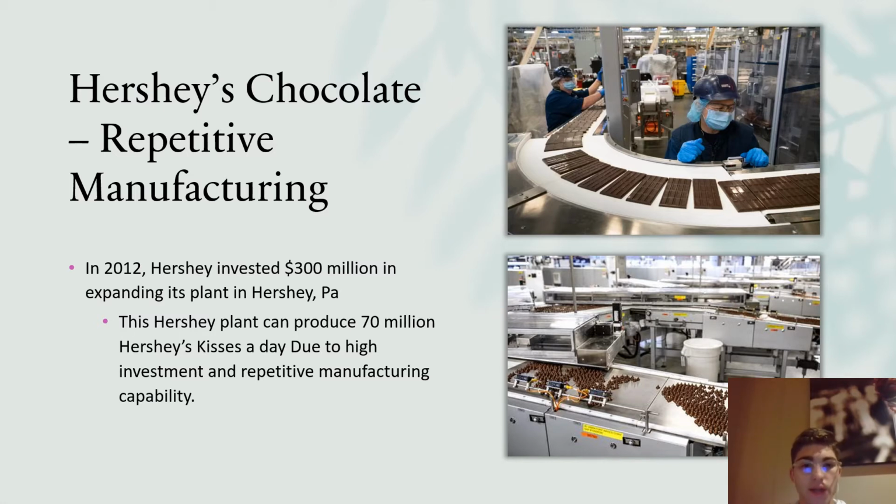It shows high investment rates, which are common in repetitive manufacturing. They invested $30 million in 2012, expanding their plant in Hershey, PA. The Hershey plant can produce 70 million Hershey Kisses a day due to high investment in repetitive manufacturing. As I said, 70 million of a single product is a lot to produce in a single day.